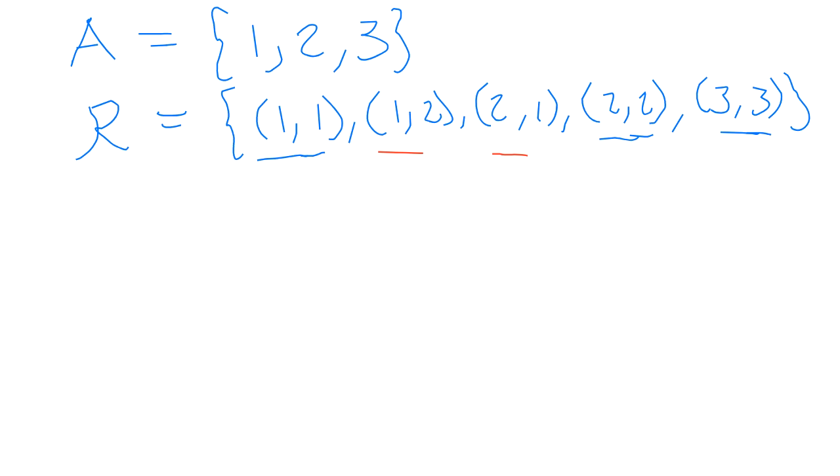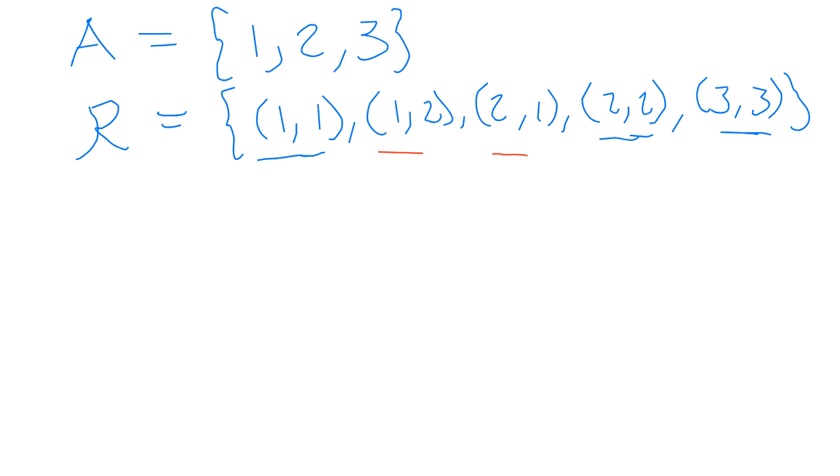Nor did we have 1 and 3, so we don't have to check for 3 and 1. But once an element relates to another element, the converse must also be true. If they have (1,2) in there and they don't have (2,1), it would not be symmetric. I keep mixing up those words.